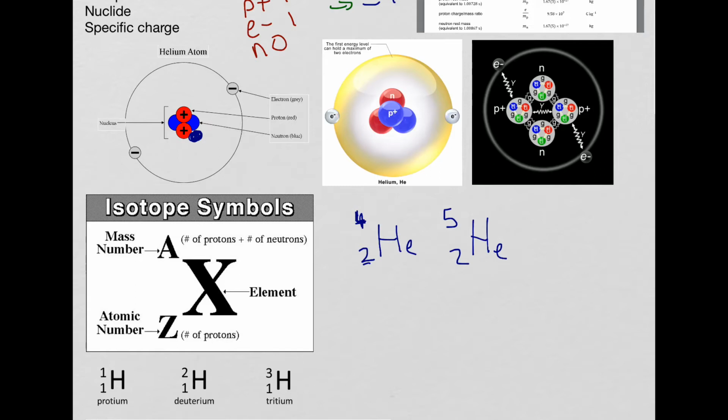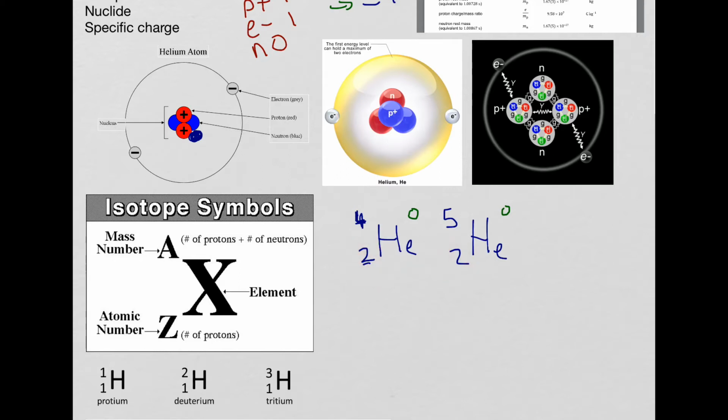In essence, when you see nothing written on the right hand corner, it's kind of saying 0 charge. In which case, these 2 that I've drawn here and here must both have 2 electrons, so that their negatives cancel out the positives, so they cancel out the 2 protons here.